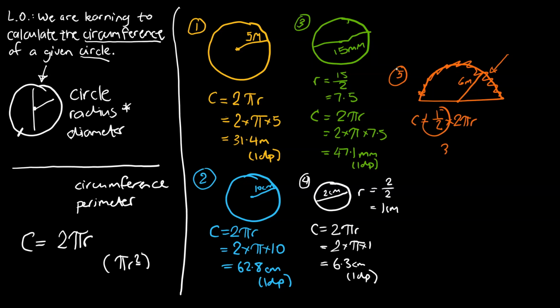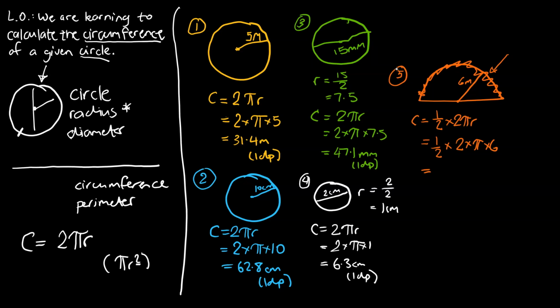So if it was a 3/4 circle, you'd be doing 3/4. If it was 1/4 of a circle, you'd be doing 1/4. So that's going to be equal to 1/2 times 2 times pi times 6.